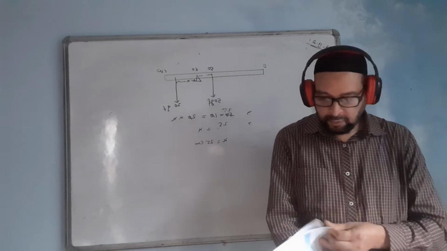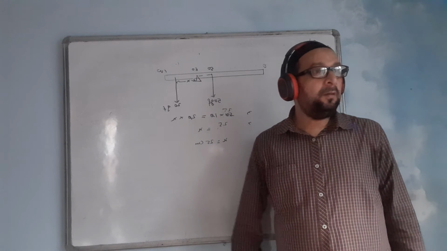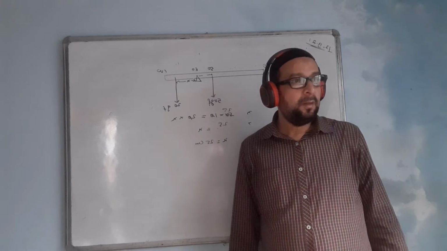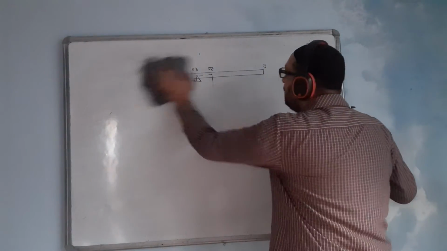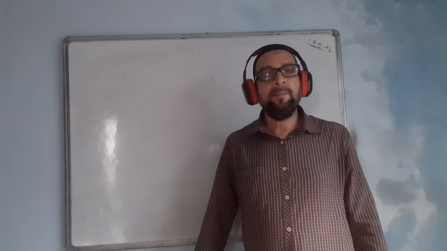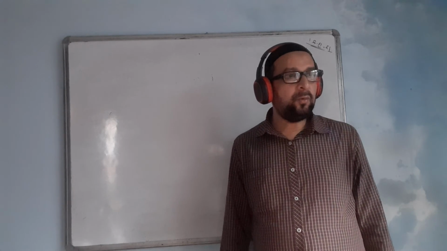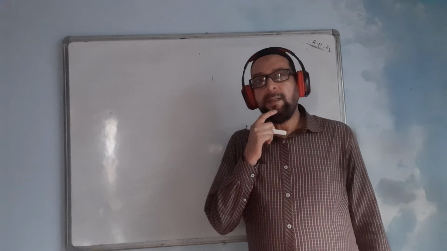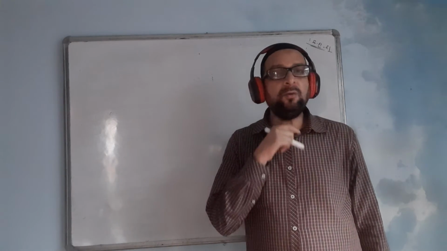Now next question. Write: the resultant torque of the forces about the point O, capital O, as shown in the following diagram.